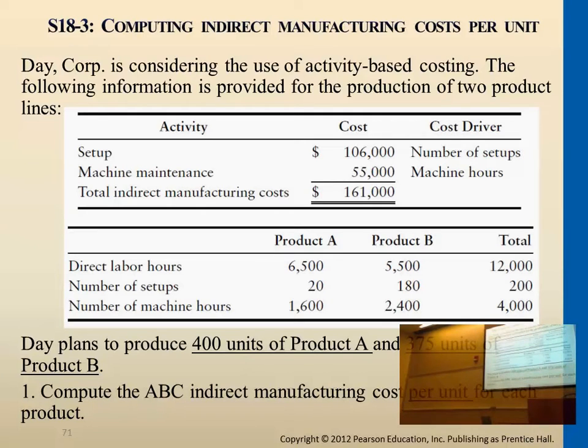Okay? Now for machine maintenance, the rate per machine hour working, the cost incurred is $13.75. Use this as a base to multiply by the 1,600 hours for product A. Use this as a base again to multiply by the 2,400 hours for product B.